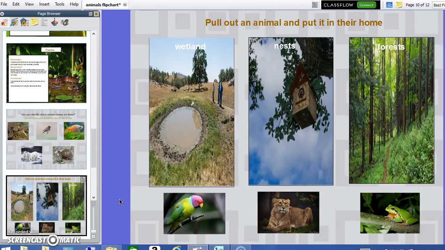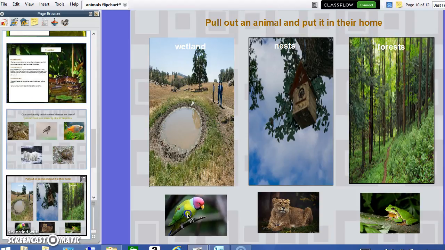The second activity is to pull out an animal and put it in its home. This helps students know what the home of these animals is. This is the first picture, which is birds.